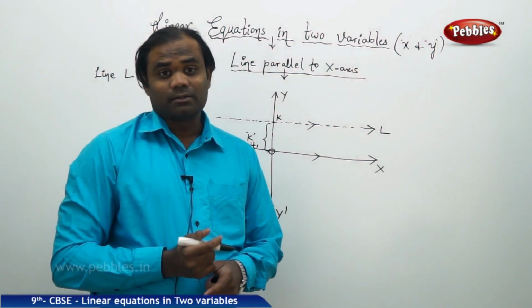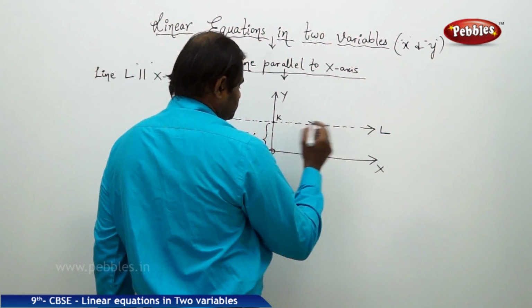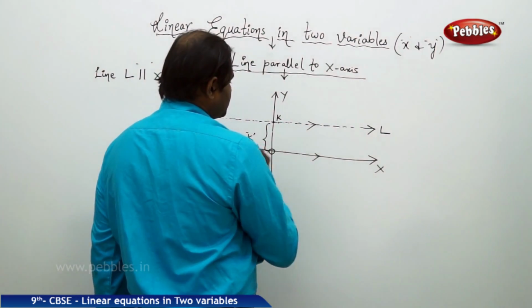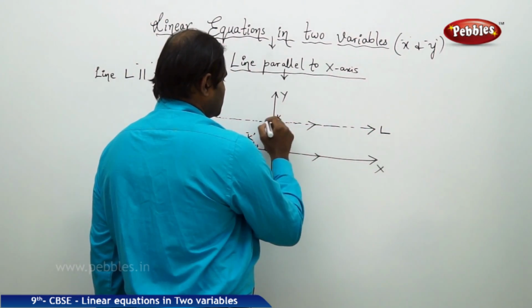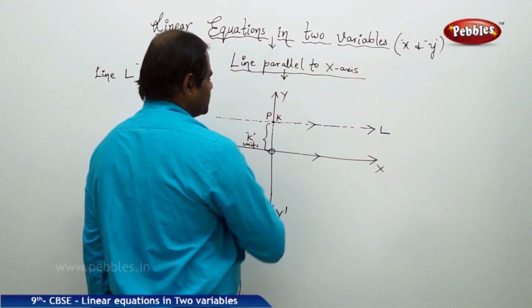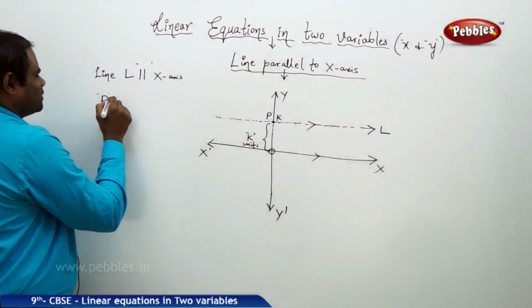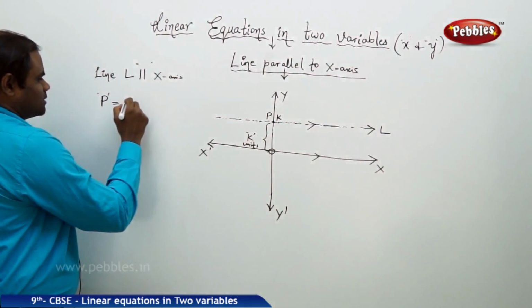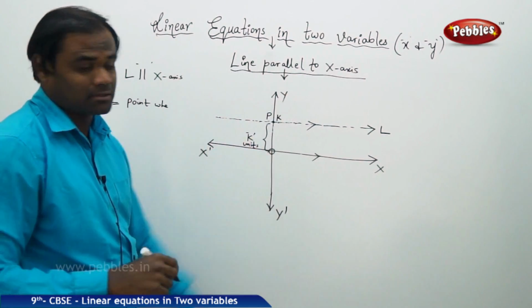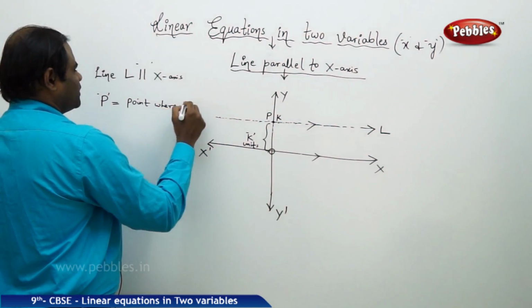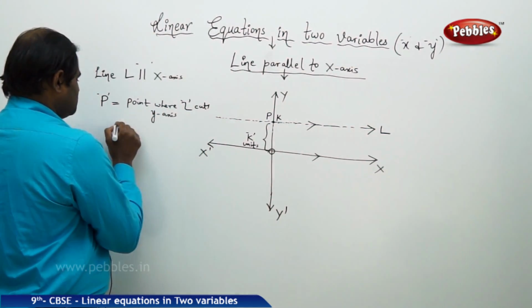Now let's see what would be the equation of the line. Let me take a point P, the point where the line L cuts y-axis.